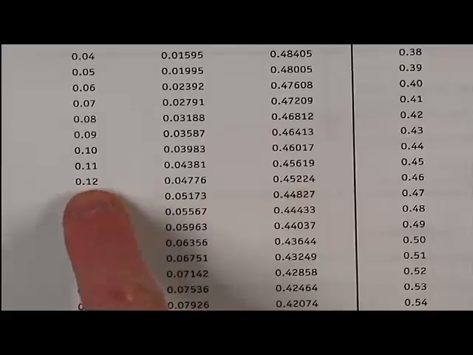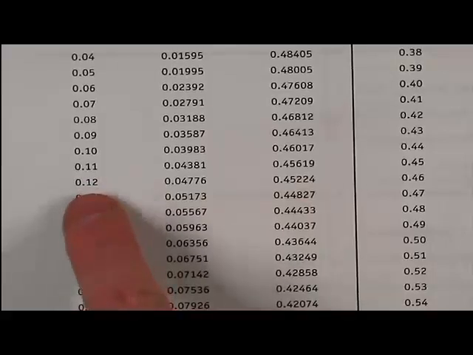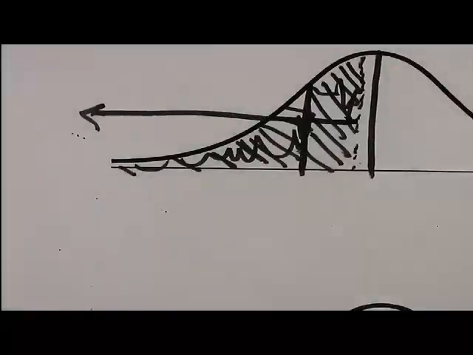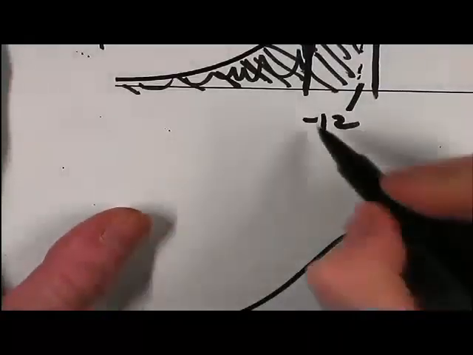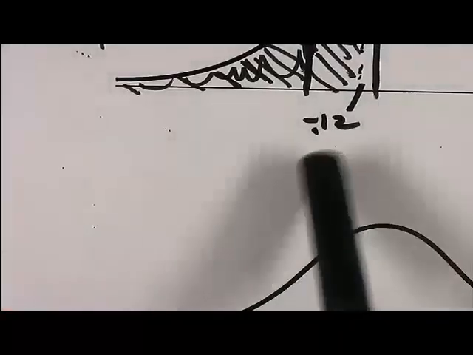Now, is this a positive 0.12 or a negative 0.12? Negative. Because on this thing it said anyone who gets 44 or below, so this is going to be on the negative end. Okay, negative 0.12.